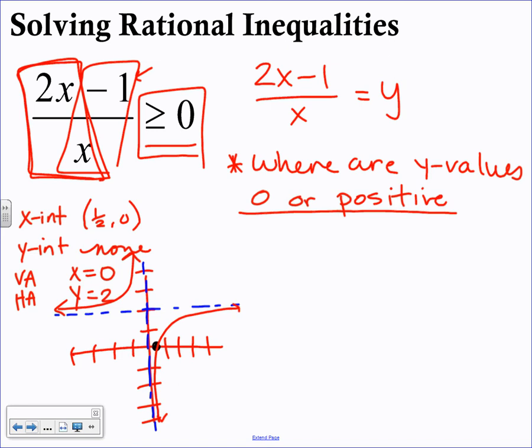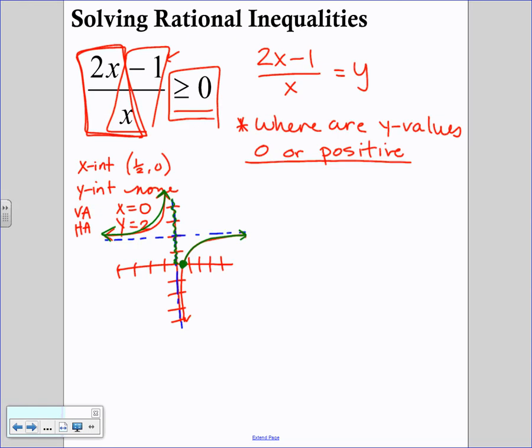The question is, where is this graph positive? Look at the y values. I want all of the places where this graph is positive, right? It's y values greater than or equal to 0. So this part is totally positive, and this is equal to 0, and this part is positive. So what are the x values associated with that?